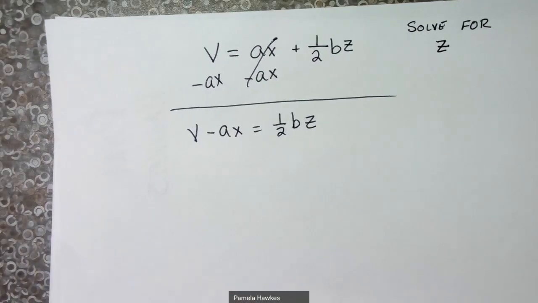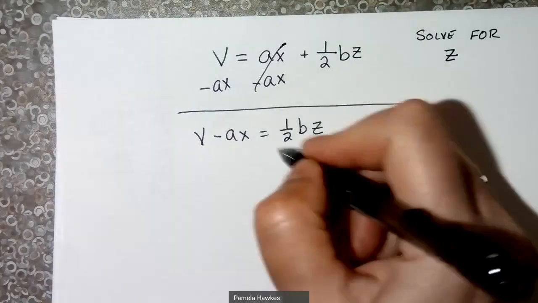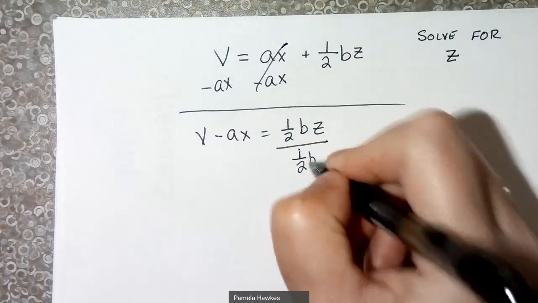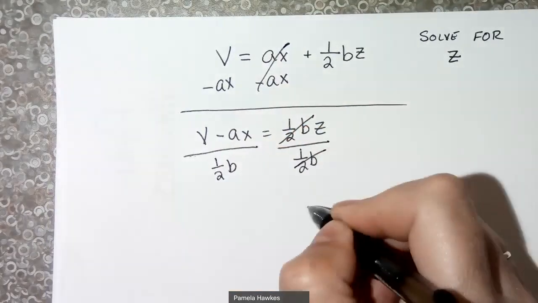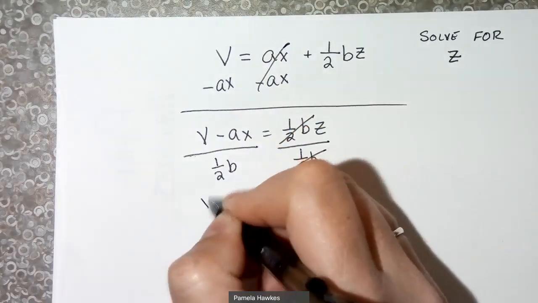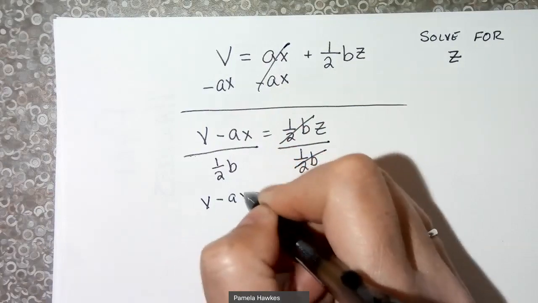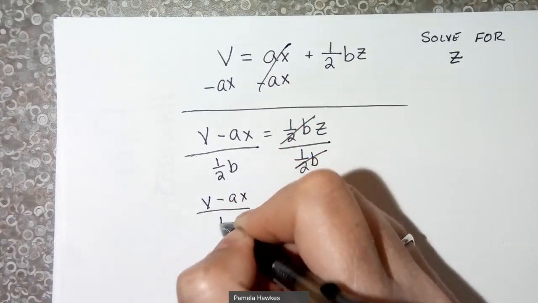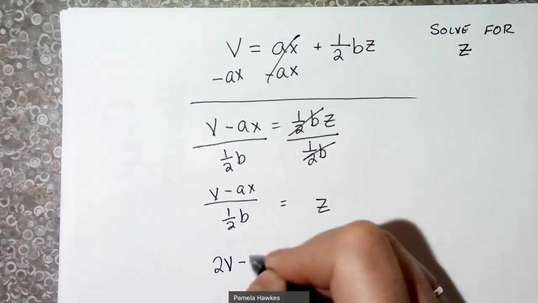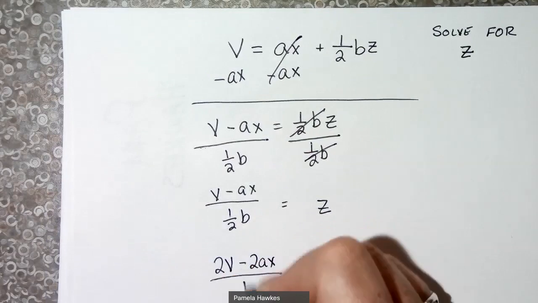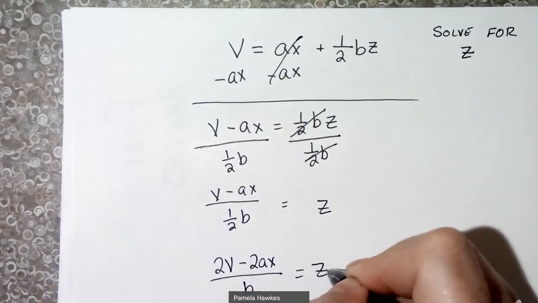So you would divide by 1/2 b, I think. And then you don't want the fraction, so b minus 2ax over... So you got 2v minus 2ax over b equals b.